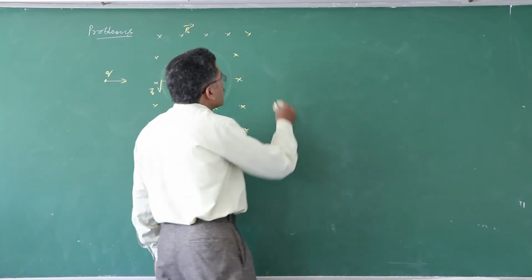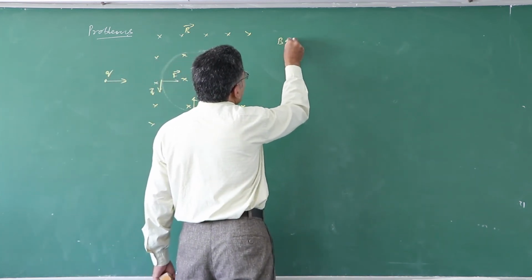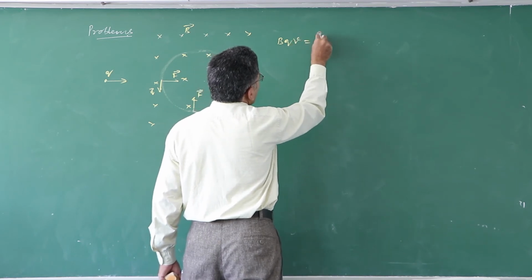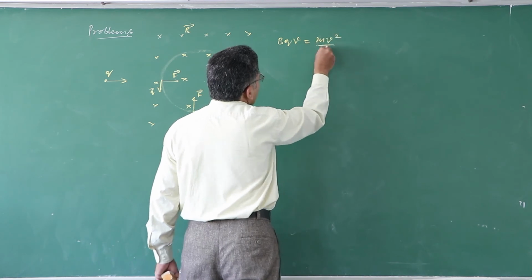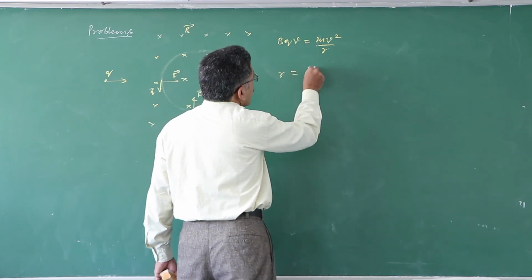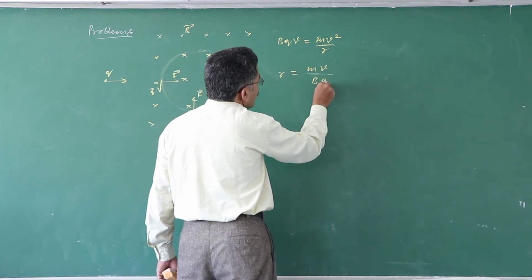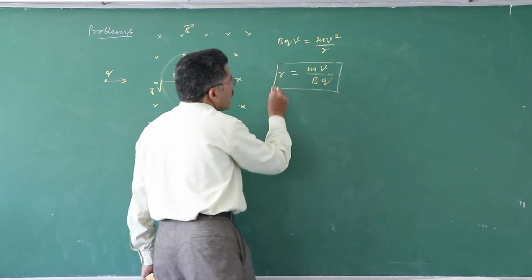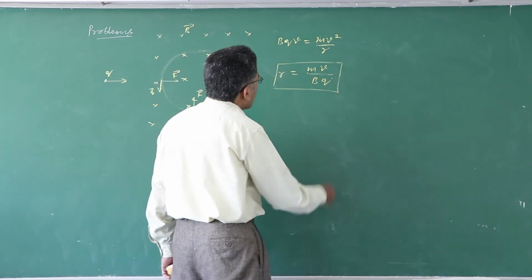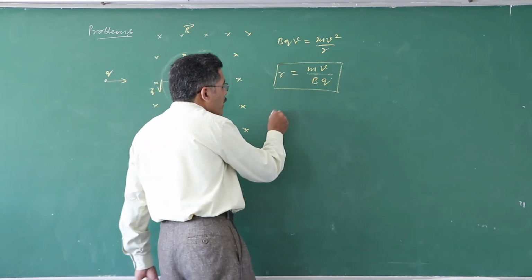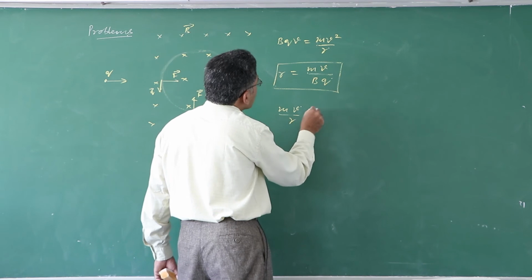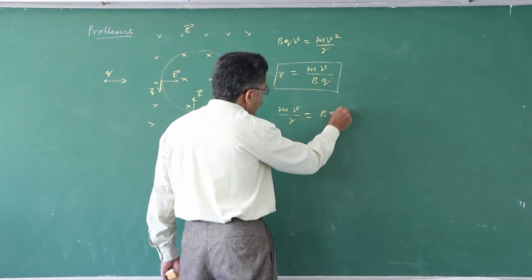This is possible only when the maximum force due to the magnetic field BQV becomes equal to the centripetal force mv square by r. Therefore, we came to the conclusion R is equal to mv divided by BQ. This is one relation. Using this you can calculate the radius. And secondly, as I explained in the previous problem, mv by r is equal to BQ.